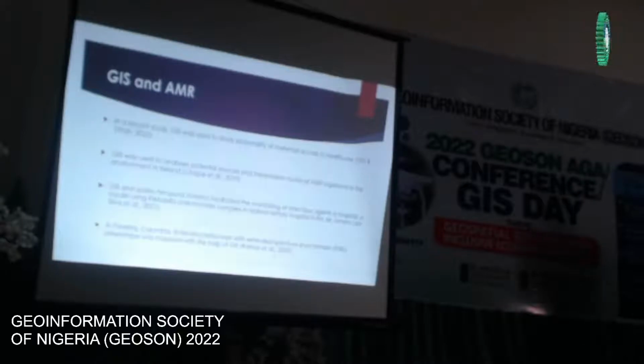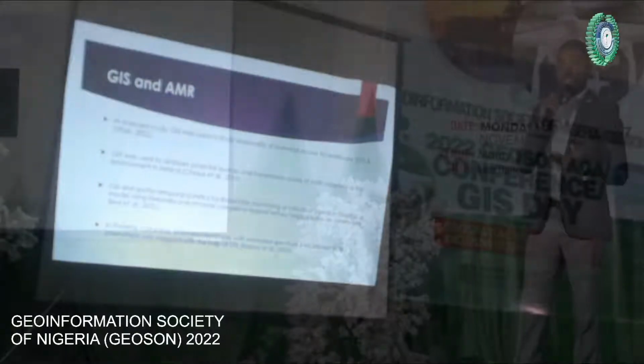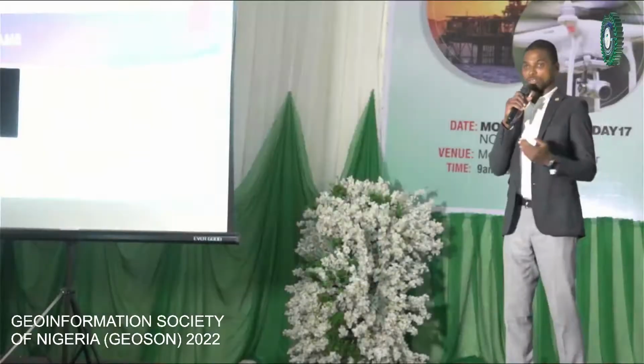A typical example is the recent study we just published on the application of geospatial techniques to the study of maternal access to healthcare, in which we divided access into 2 parts. We modelled travel in the wet season. We also modelled travel in the dry season. And with this, we produced the results. We had variations in travel in the wet season and the dry season using geospatial techniques.